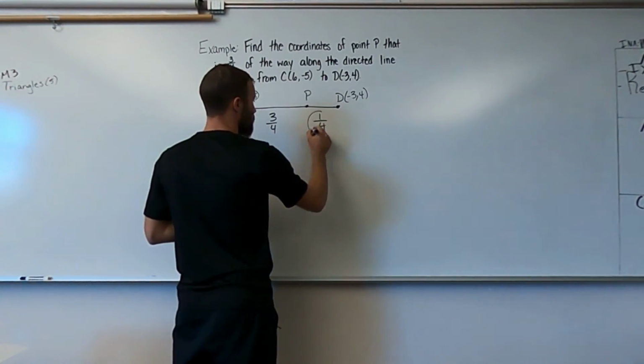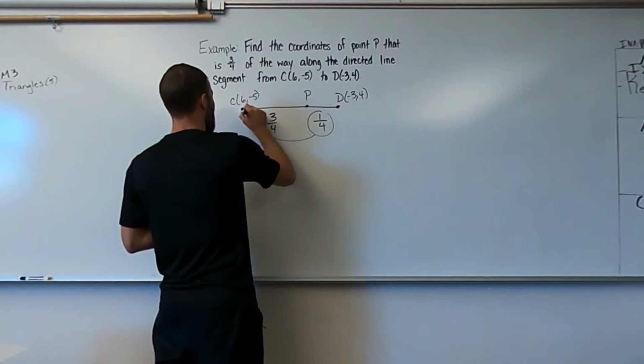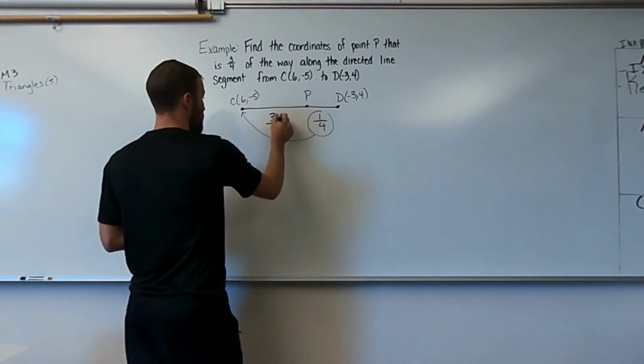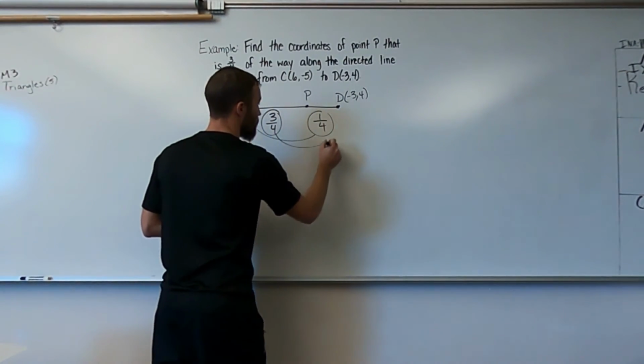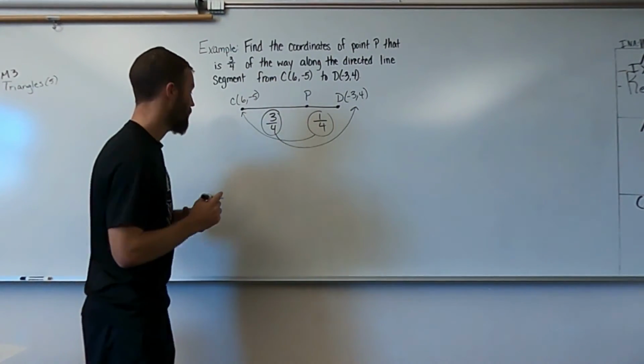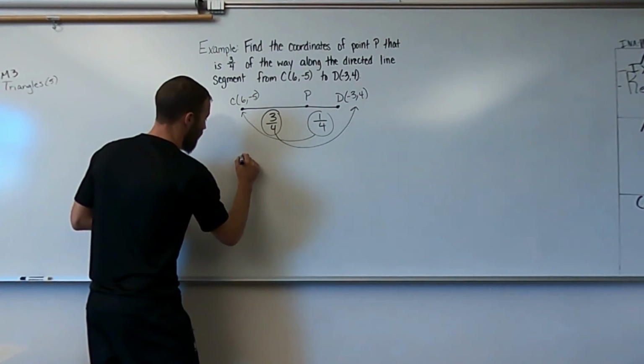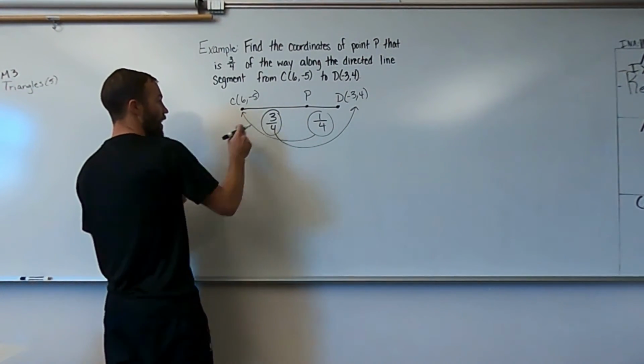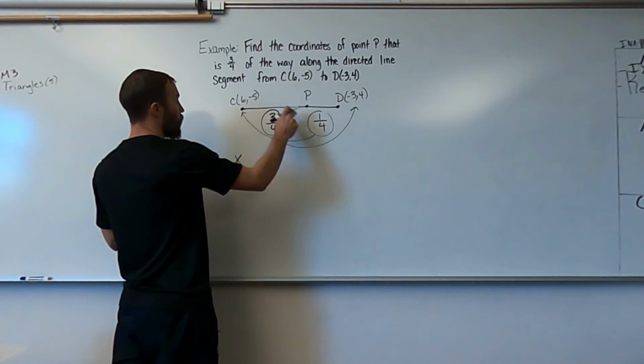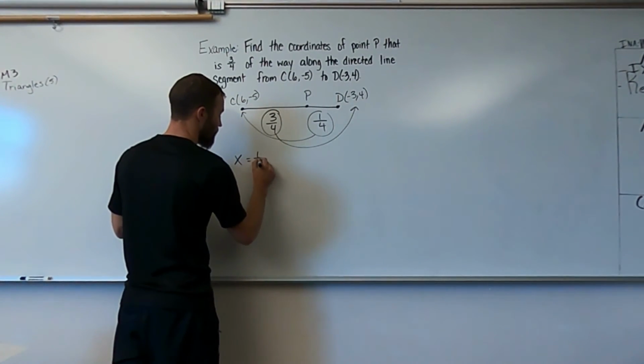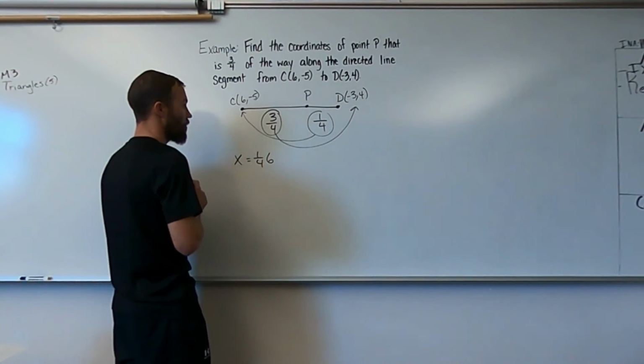I'm going to cross multiply, so this fraction is going to be multiplied by point C, and this fraction is going to be multiplied by point D. So that's going to give us an x and a y value. So if I look at my x values first, I'll say 1/4 times 6. Okay.